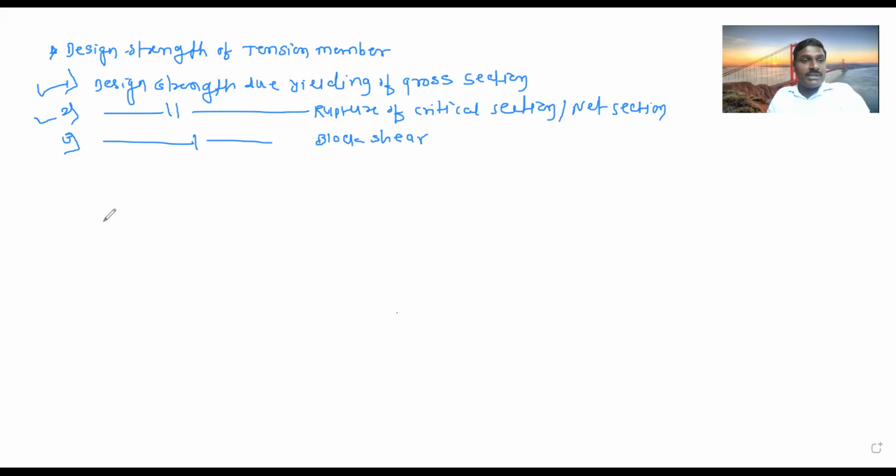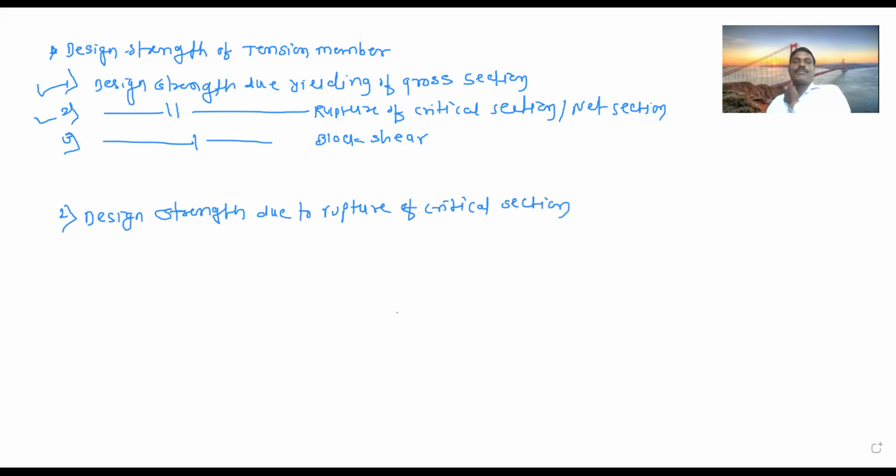So again we will start with this second design strength, that is the design strength due to rupture of critical section.